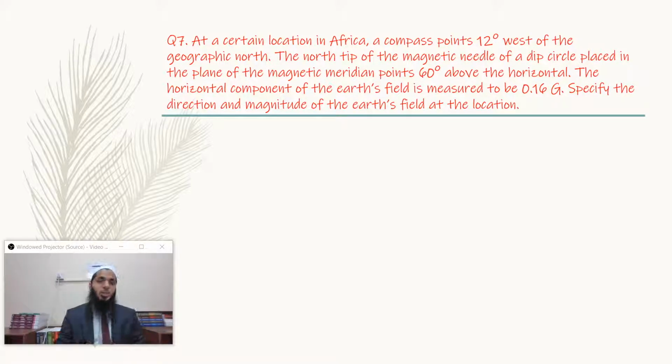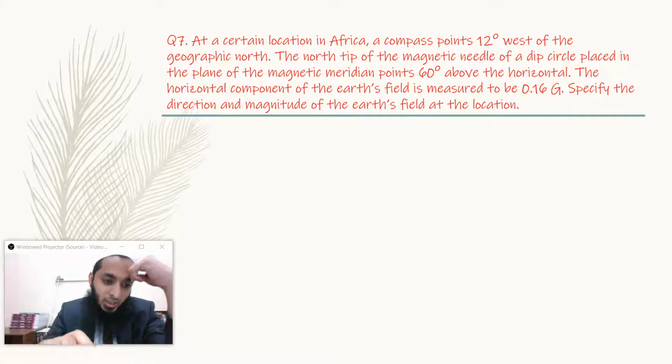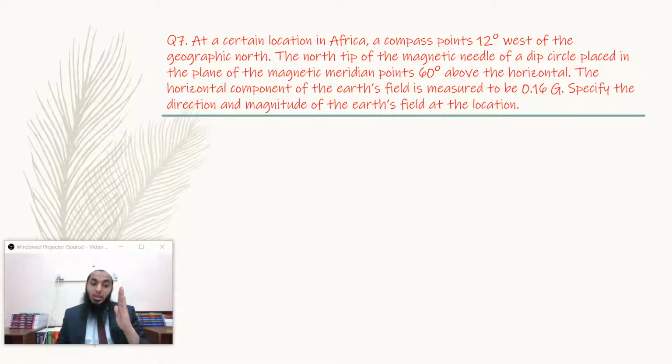At a certain location in Africa, a compass points 12 degree west of geographic north. What is this angle? I told you before, before completing the question itself, you can write the given data. So what is the first data? 12 degree west of geographic north. We are seeing an angle between the geographic meridian and the magnetic meridian, because the compass points in the magnetic meridian and geographic north is in the geographic meridian.